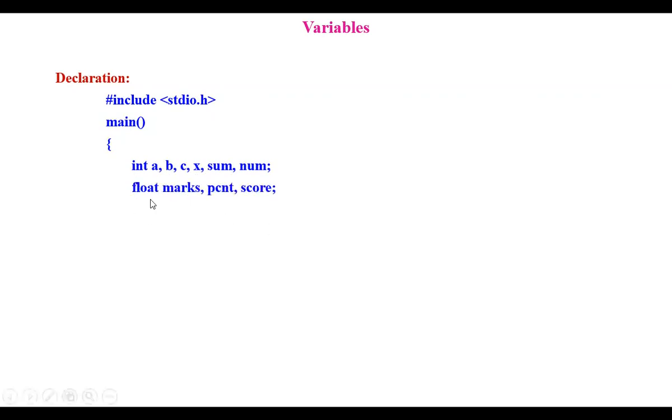Similarly, marks, percent, PCNT, score, all these may be having decimal places, so they are declared as float. Similarly, P, Q, these are declared as characters. So like this, they must be declared in the beginning of the program itself, right?